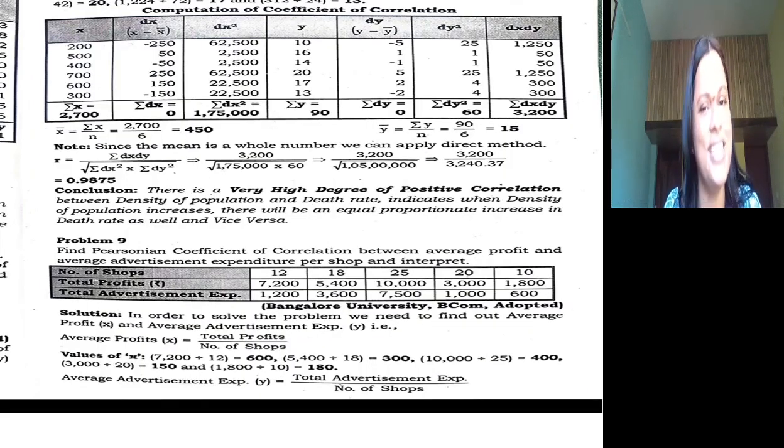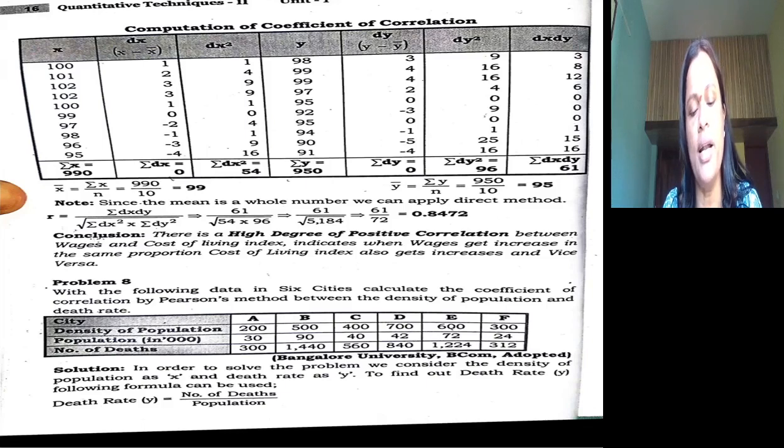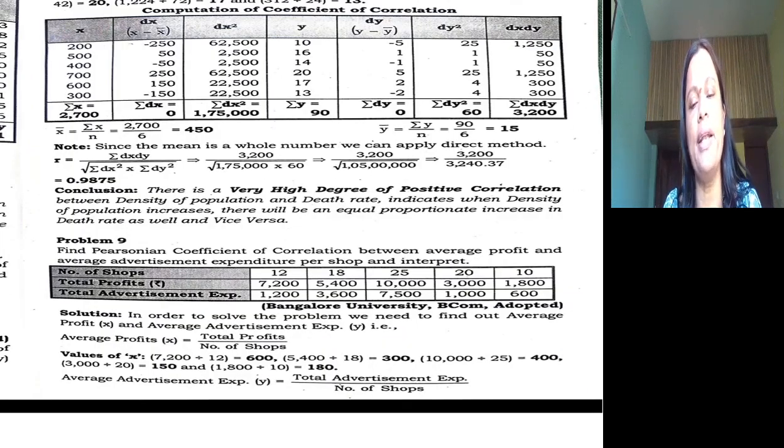See, the solution is here only. You need not calculate. So, sum of that is 2700. Death rate. So, 300 by 30, 1440 by 90. Death rate is calculated: 10, 16, 14, 20, 17, 13. So, sum of x is 2700 by 6, 450. 90 by 6, 15.